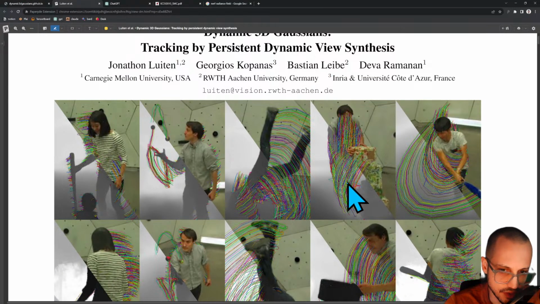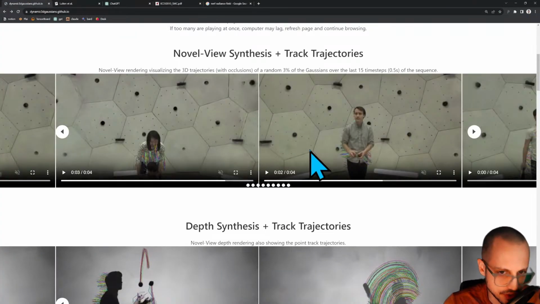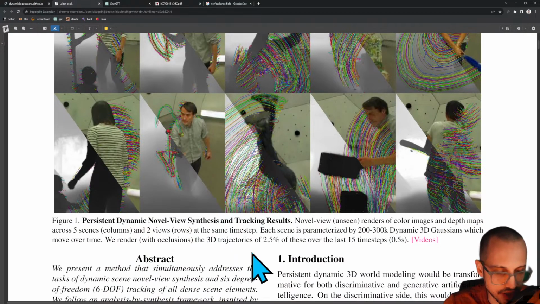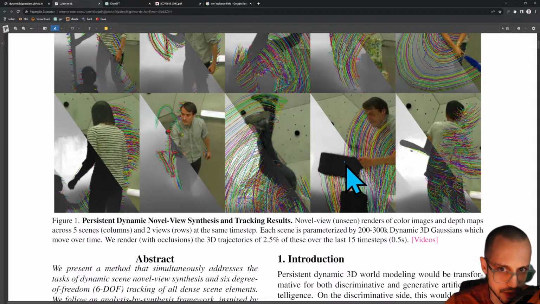Versus these 3D Gaussians, you can move them around, right? They're like little points, so because they're explicit, you can basically move them, and I think that's what this entire paper is going to be about. It's going to be how do you move these little 3D Gaussians over time to create the illusion of a dynamic scene that you can look at from any point of view.